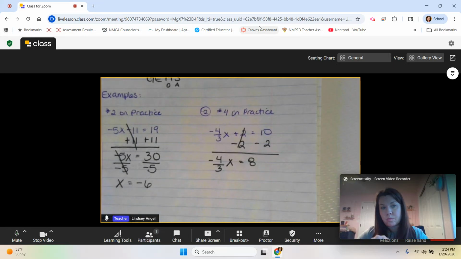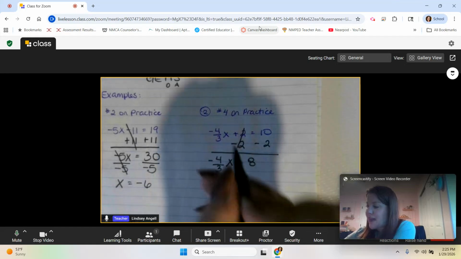Now, this is part where you got to jog your memory back to 7th and 6th grade. We have to do the opposite operation, right? Which is division. But when it comes to division with fractions, if you remember, we have to do same, change, flip. You keep the first one the same, you change your symbol, and then you flip the second fraction.